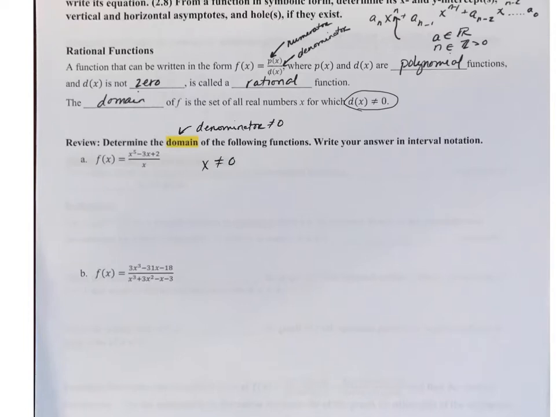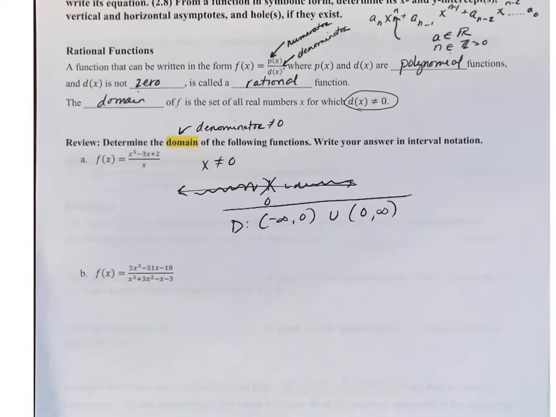That's the only restriction on the domain. So that means if I want to look at a number line, x can be anything, but x can't be 0. So when I write my answer in interval notation, the domain is negative infinity to 0, union 0 to infinity. And that would be my answer. Super easy for that one.